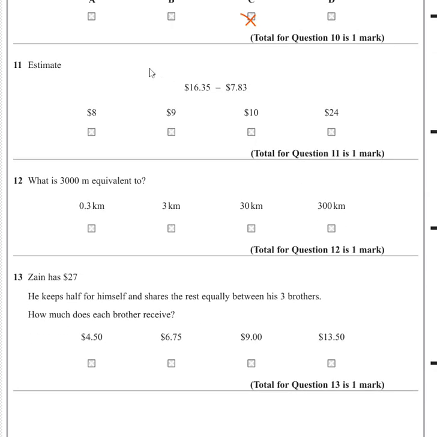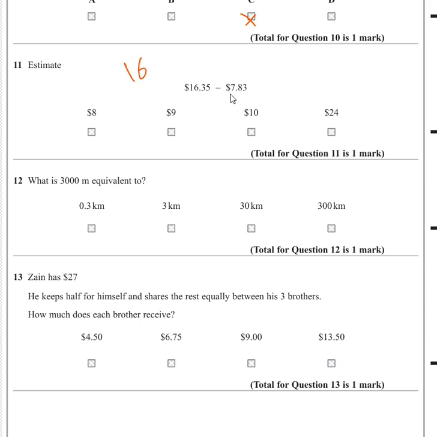Now here, for you to do a good subtraction, you first of all have to estimate. And for estimation, guys, you should just round both of these numbers to whole numbers. So for example, 16, if I round it, it's going to be 16.